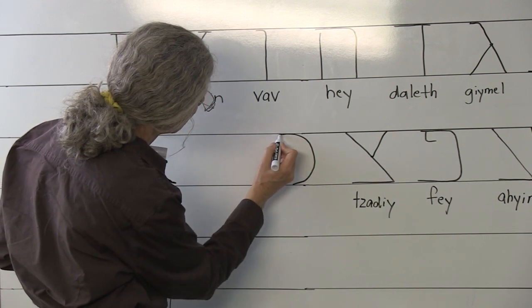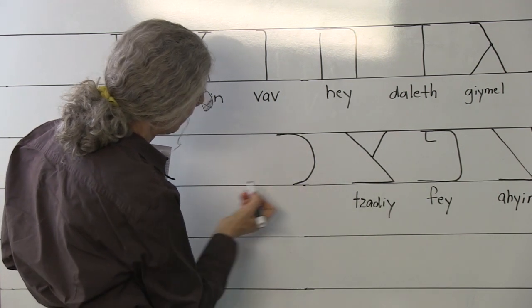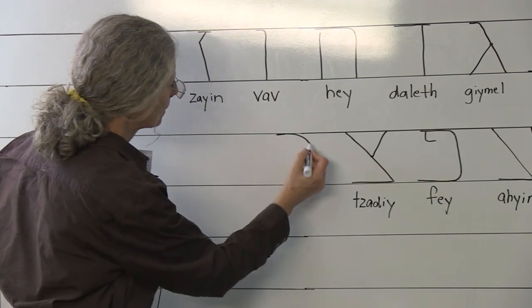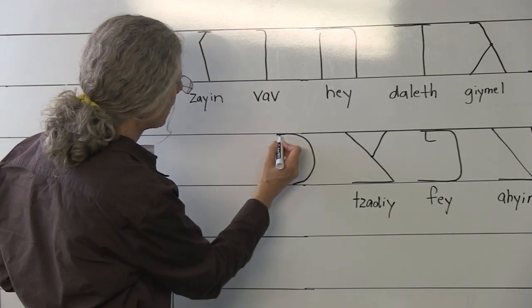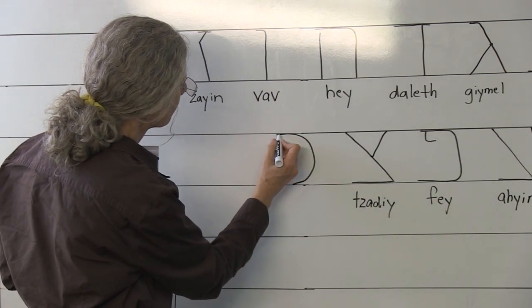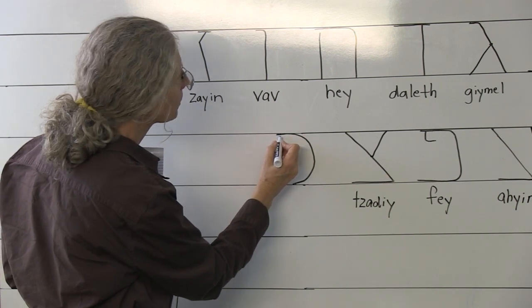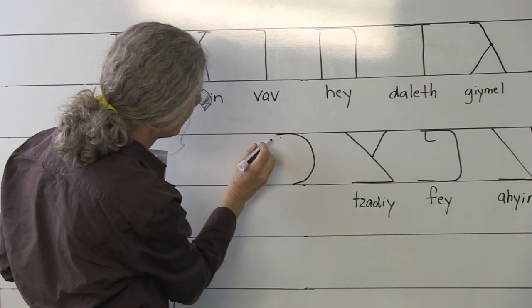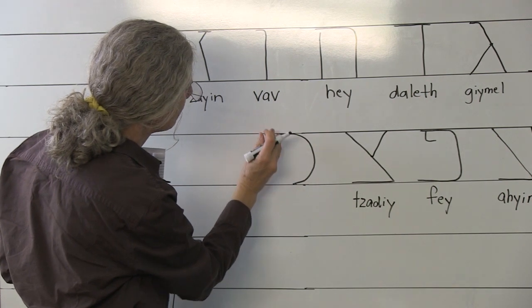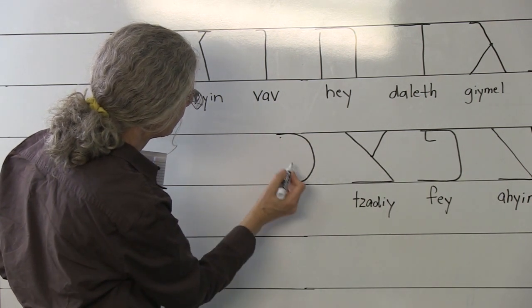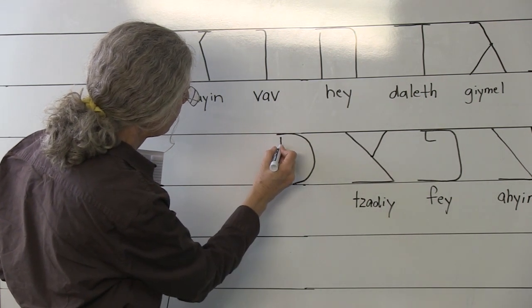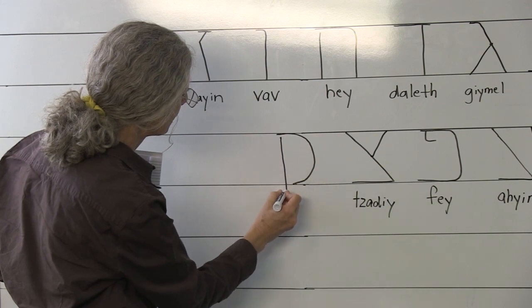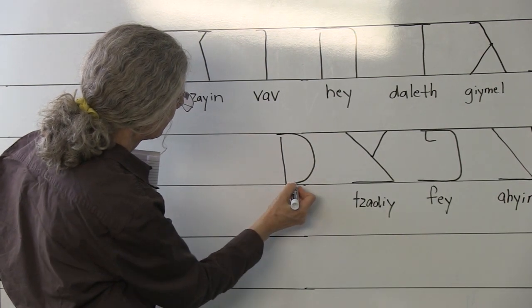You see that? So this sticks out a little bit more than the bottom. Okay, so backwards C. Then you're going to come in a little bit from the top and down, sort of like the hay. You're not going to connect. This line is going to be freestanding. It's not going to connect to the C at all. So you're going to go all the way down. Make sure it doesn't connect to the bottom one.